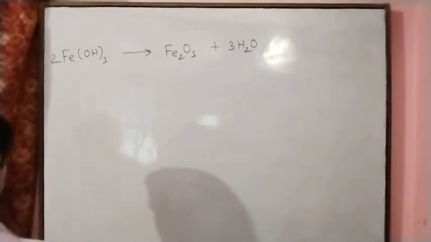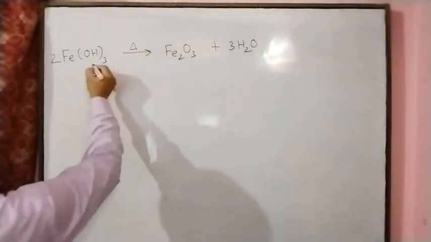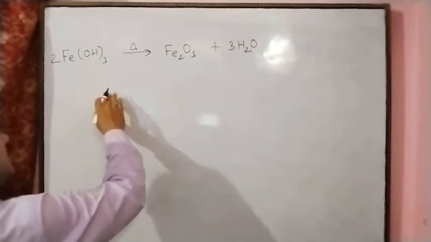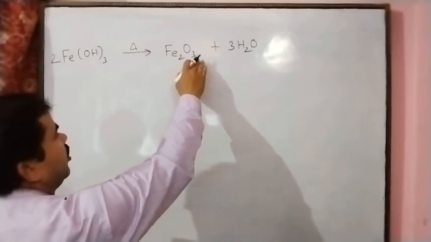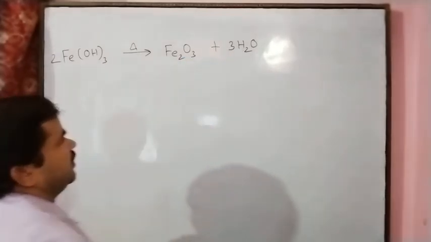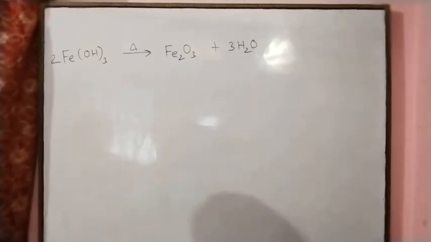In this chemical reaction, iron third hydroxide decomposes into iron third oxide and water. Iron third oxide is the residue here, and water.